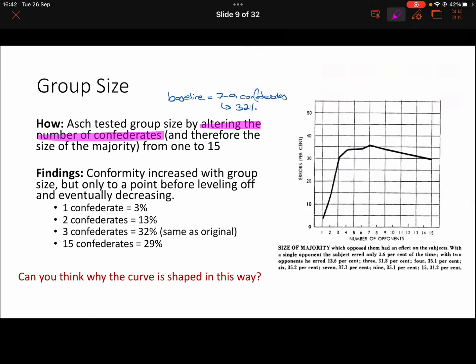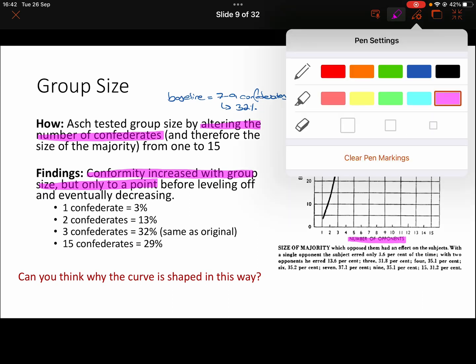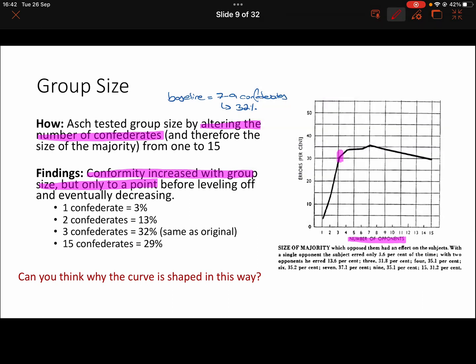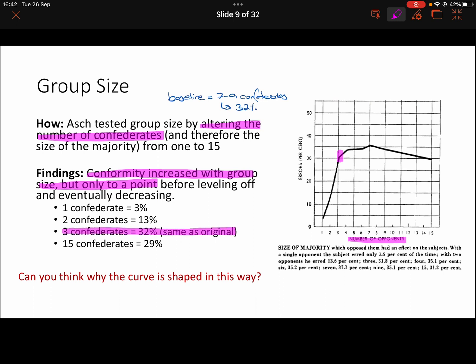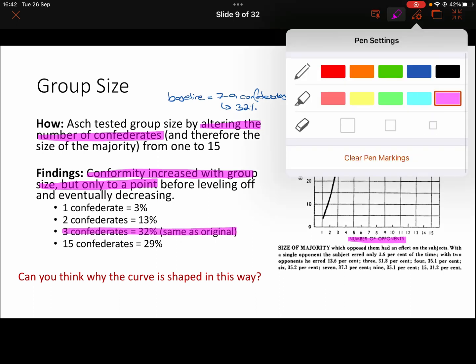We can see that conformity increases with group size, but only to a point. That point is around here. Once we get to 3 confederates, actually there isn't a significant effect on conformity. Once we get to 3 confederates, the conformity is around 32%.